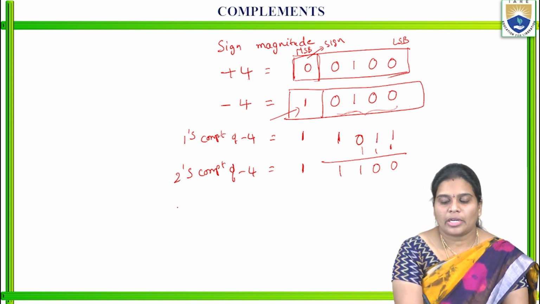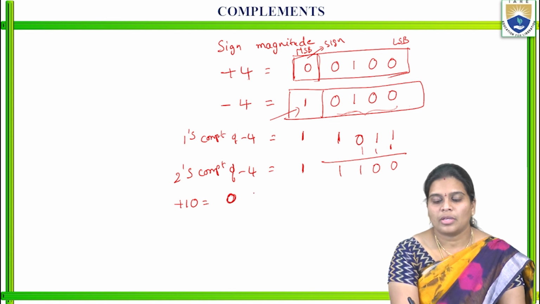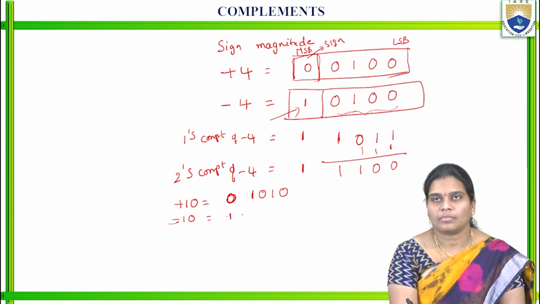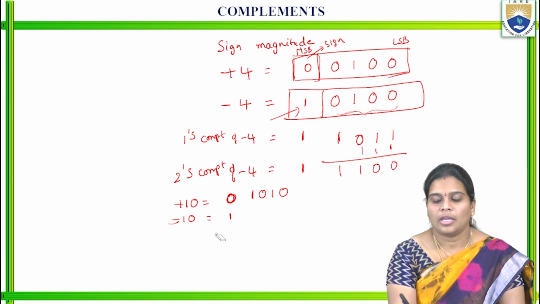For example, taking the plus 10. In the MSB bit, it will be indicated the sign. So that plus is 0. So remaining values are 1 0 1 0. Similarly, I will take the minus 10. So in this negative sign indicates the 1. Remaining value is 1 0 1 0.